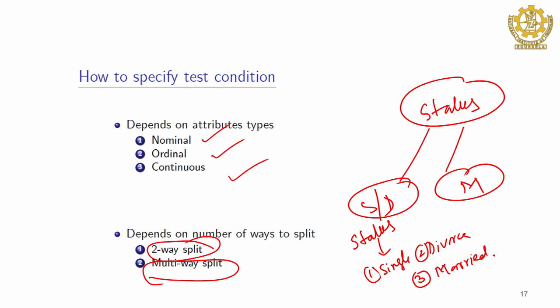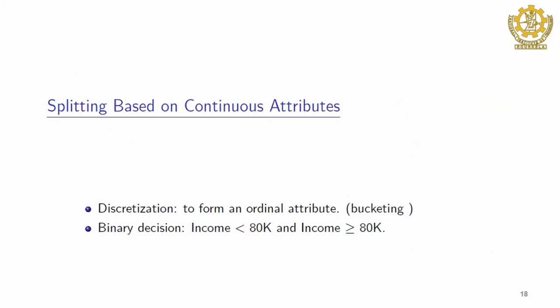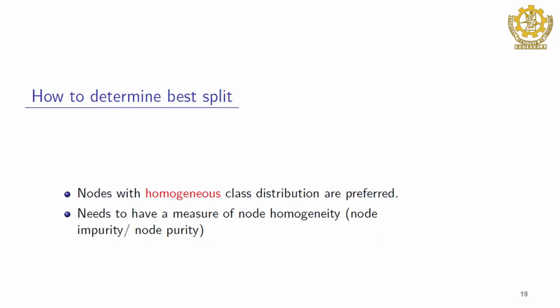These are the issues for the decision tree. Now, if you have continuous attributes, that is really difficult. So, we have to discretize them, and one binary decision is income less than 80 and above 80. We already told how to determine the best split. So, nodes with homogeneous class distribution are favored. So, we need to have a measure of node homogeneity.